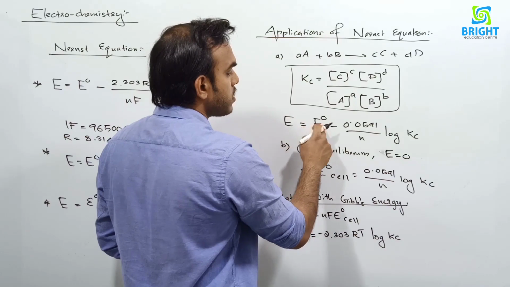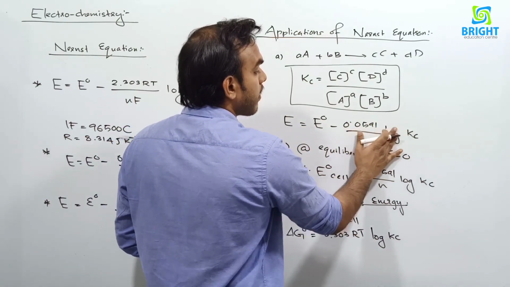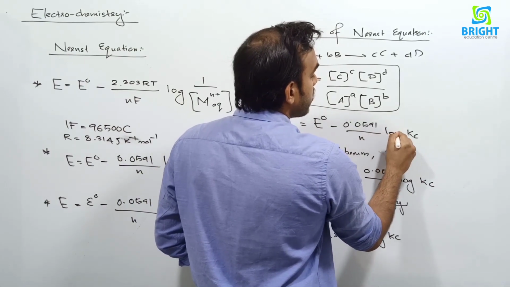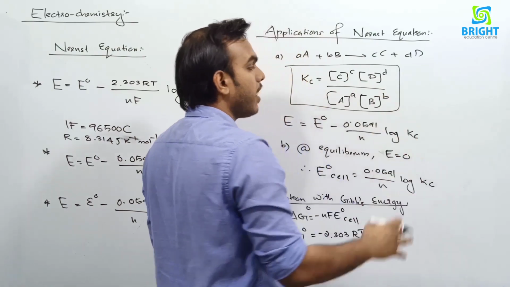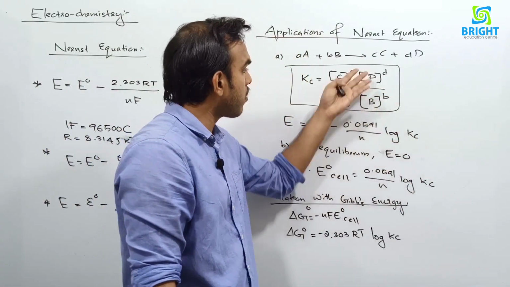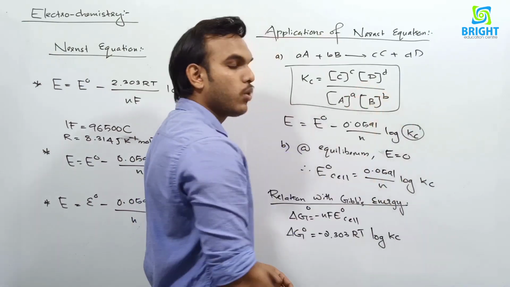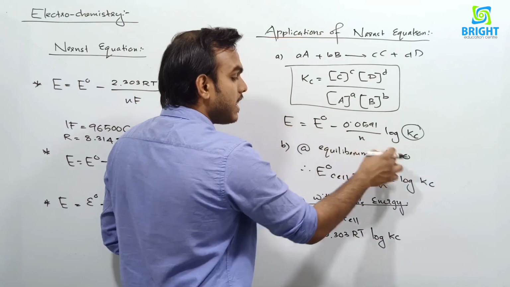Therefore E cell is equal to E0 cell minus 0.0591 divided by n into log of concentration of C raised to c into concentration of D raised to d divided by concentration of A raised to a into concentration of B raised to b. Instead of writing this, I am writing log Kc. Is that clear? See here, at equilibrium this E cell is equal to 0.